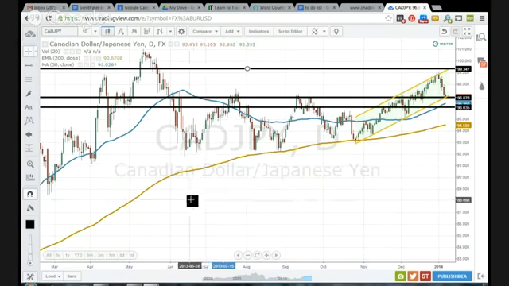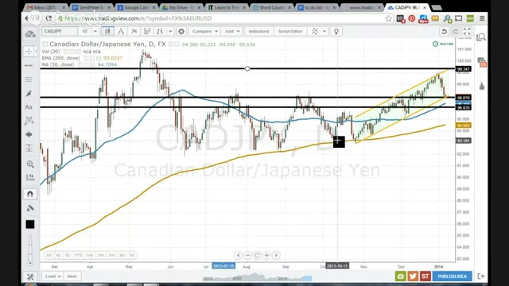Okay, so we're risking about 96.90, 96.05. So we're risking 85 pips. And we are targeting, let me see that.